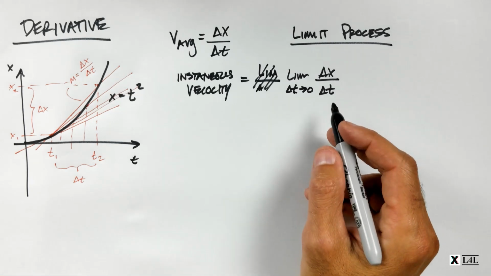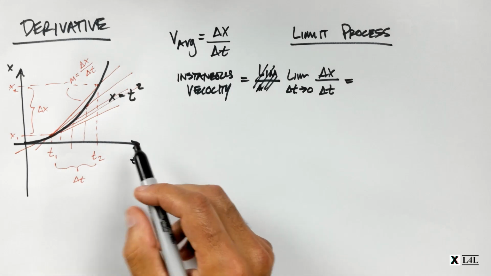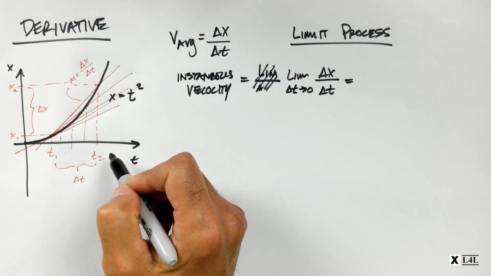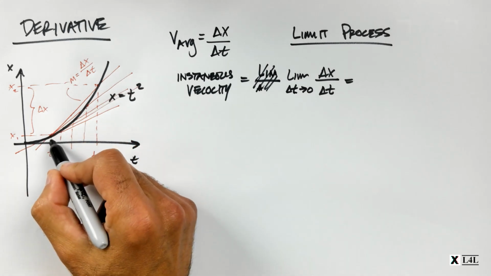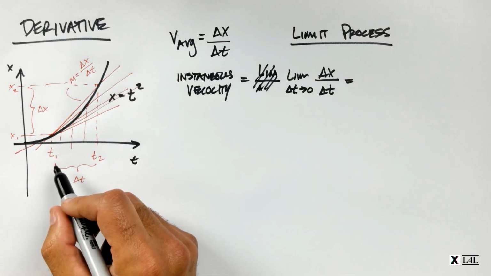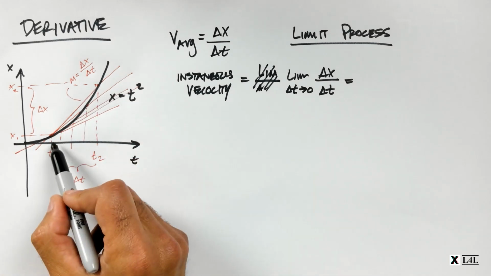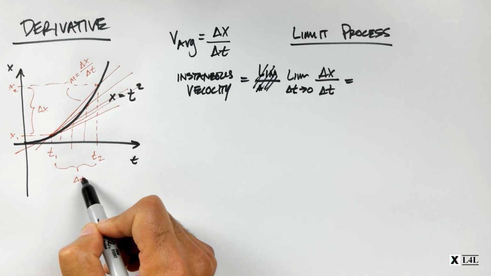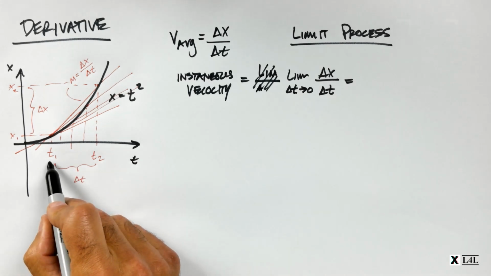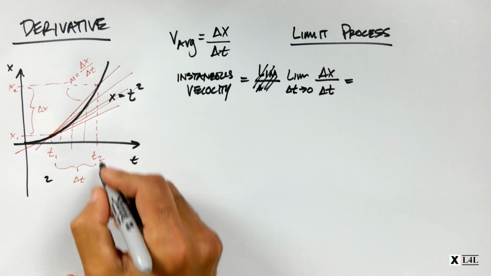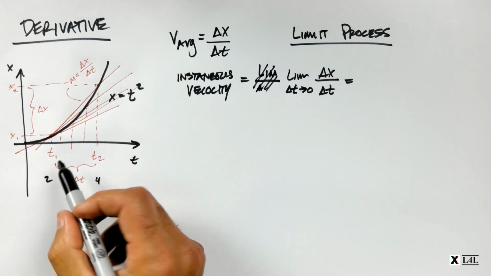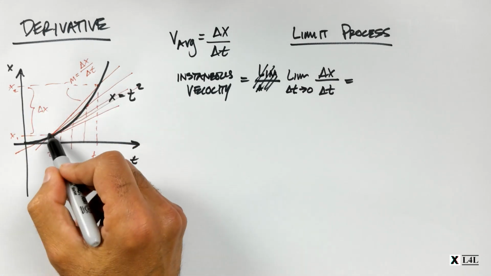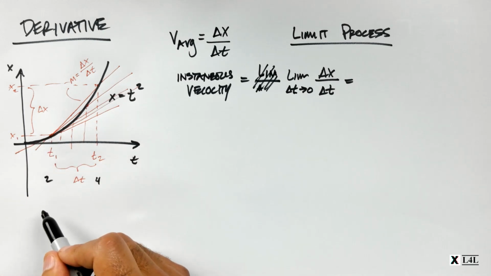So in the limit process, how do we solve for this change in x? Well, x is really a function of t. And this particular point, x2 minus x1, well, x2 is really x as a function of t plus delta t. So let's say this time was 2 seconds and this time was 4 seconds. Then I would need to know the x position at time 4 minus the position at time 2.